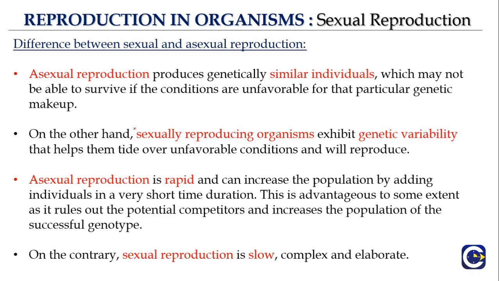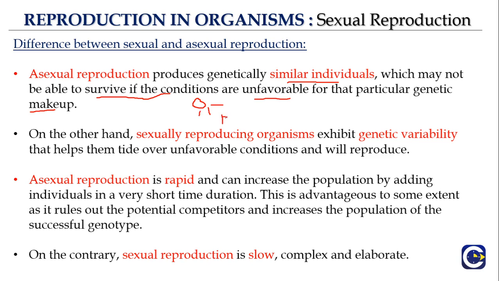Okay. Then this is also very important, and we also touched upon this in the introduction: the difference between sexual and asexual reproduction. Asexual reproduction produces genetically similar individuals which may not be able to survive if the conditions are unfavorable for that genetic makeup. In asexual reproduction there is one parent organism, and it produces multiple daughter organisms.